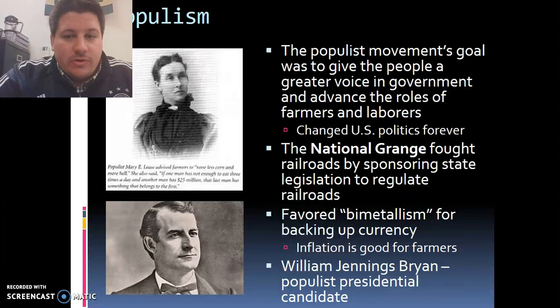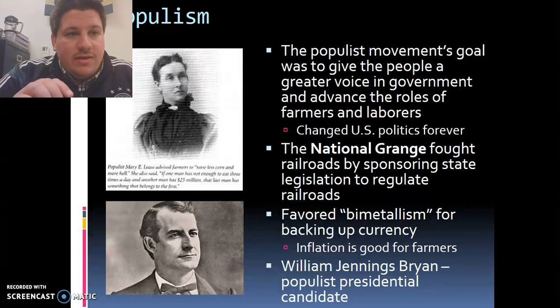And so for the populist movement, this is a tough sell to people in the cities who are going to have to deal with the fact that their food prices are going to go up. However, for farmers, this is essential because by giving the government the ability to put more money into the economy, it means that over time, the loans that they owe, as they're paying them back, will become less and less valuable.